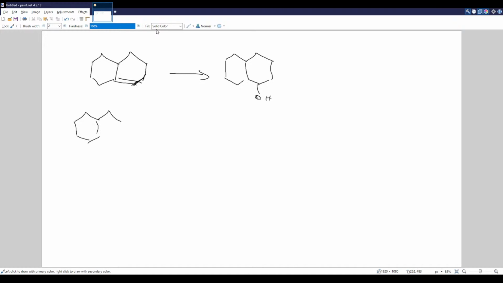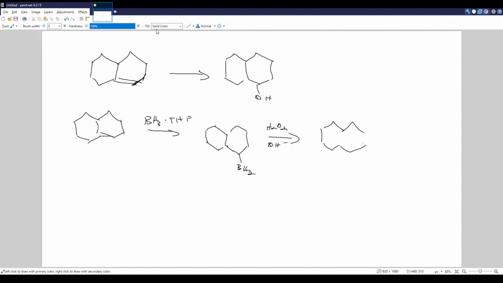Like, we gotta do the hydroboration, we do the BH3 THF, we end up getting our BH2, and you add your peroxide, hydroxide, and we get our that thing. Yep. Okay.